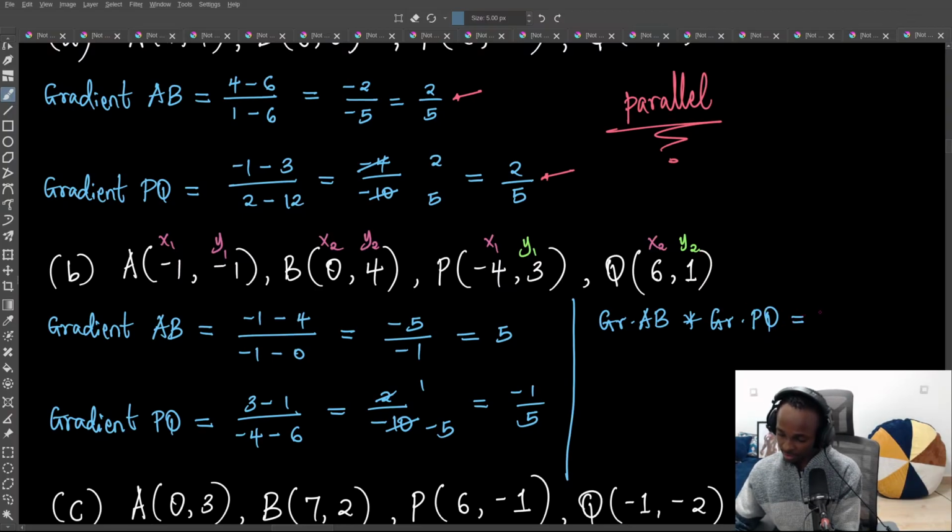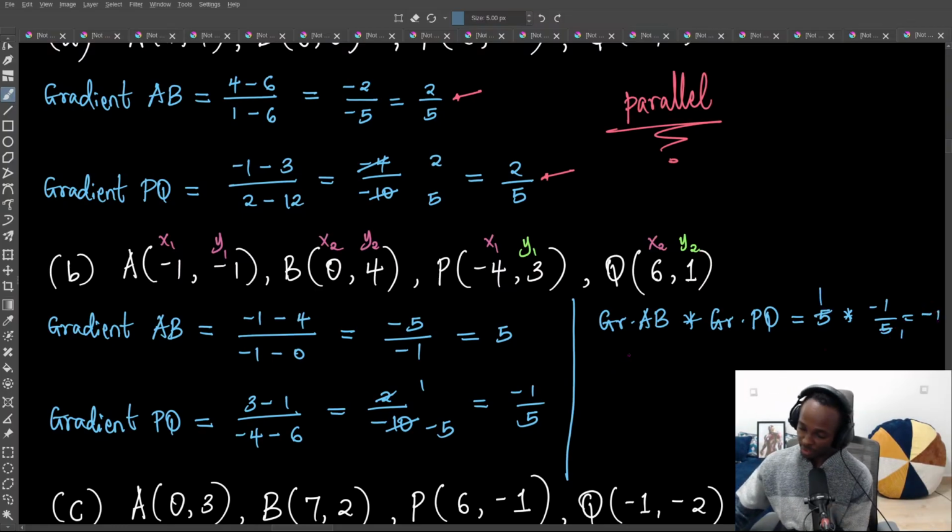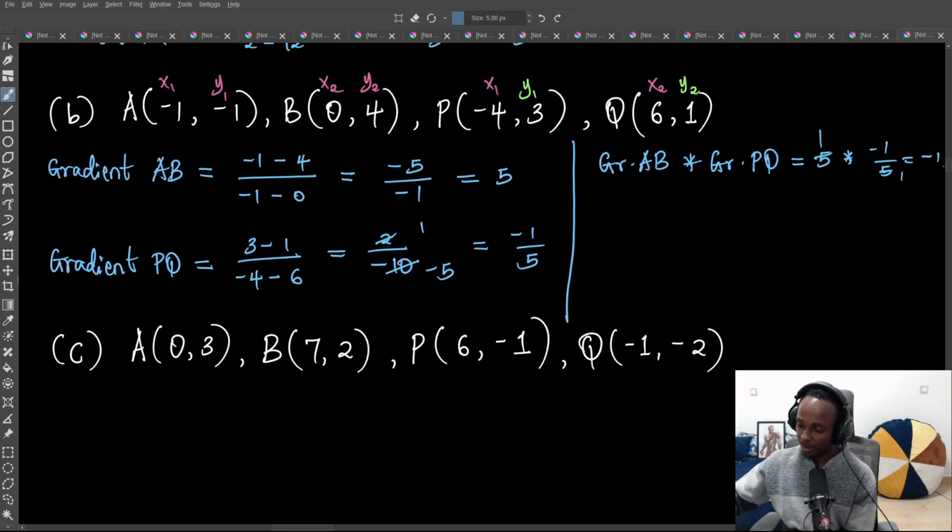This is going to give us 5 times negative 1 over 5, which is negative 1, since by 5, 1, by 5, 1. So when the product of the gradients of the two lines is negative 1, then it means that the two lines are perpendicular to each other. So in this second case, the two lines are perpendicular.